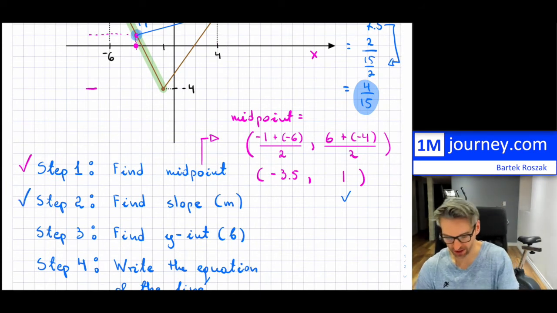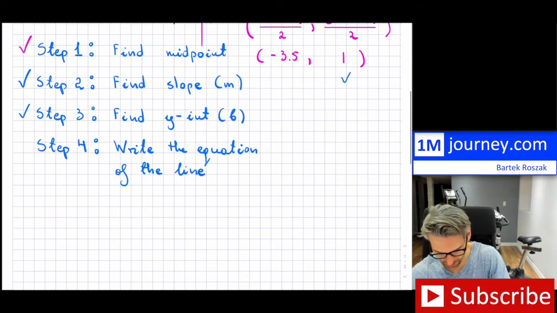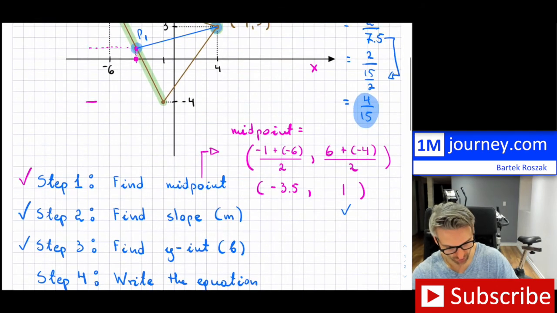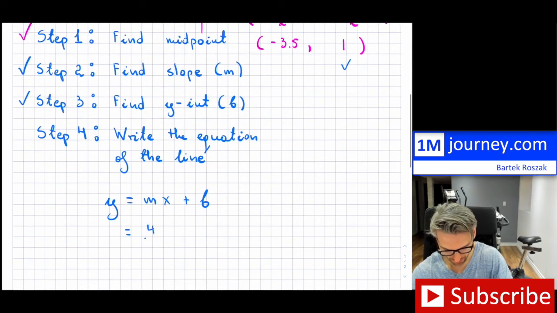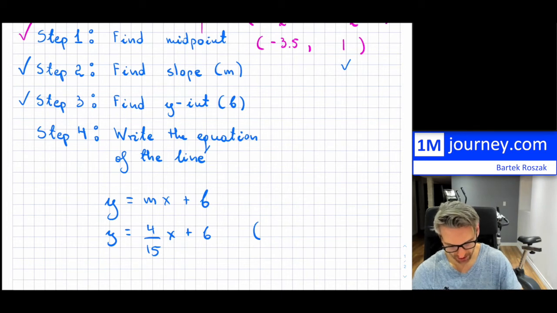Step number 3 is finding the y-intercept. So my equation of a line is y equals mx plus b. Now I know my slope is 4 over 15. I do have 2 points on this line, right? I have my midpoint, which was negative 3.5, 1.